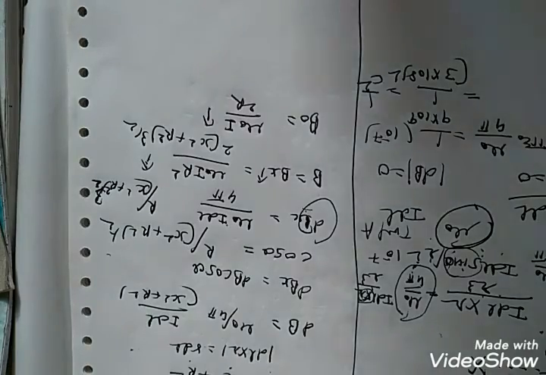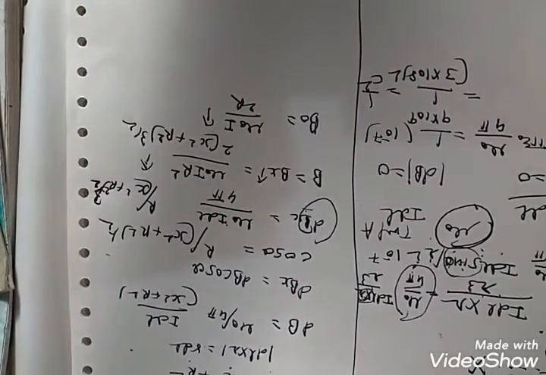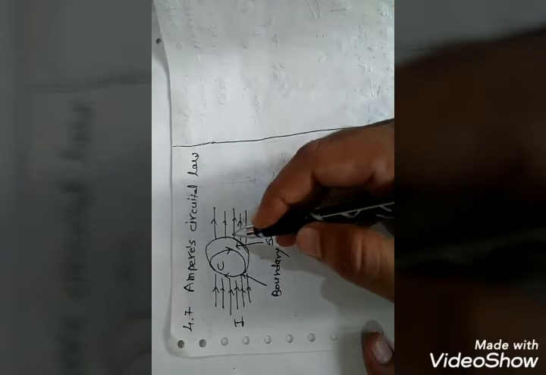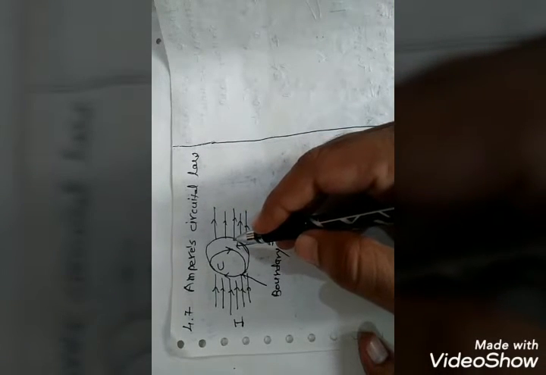Okay, so this is the topic 4.7, Ampere's circuital law. In this case, consider a surface that has current passing through it. We consider its boundary to be made up of a number of small line elements.